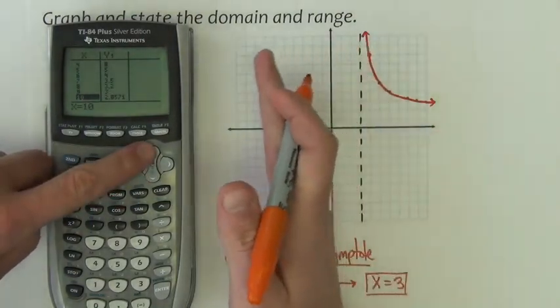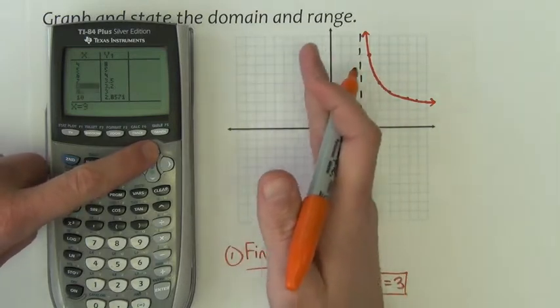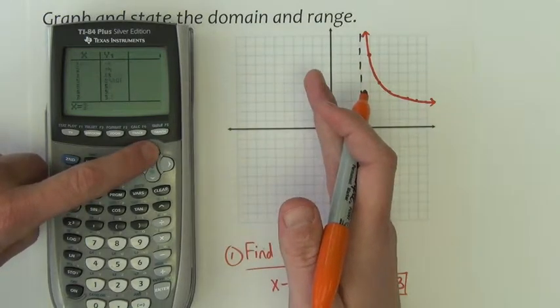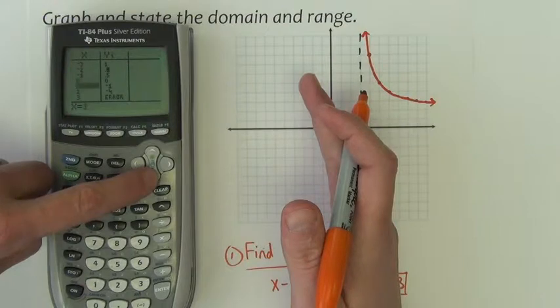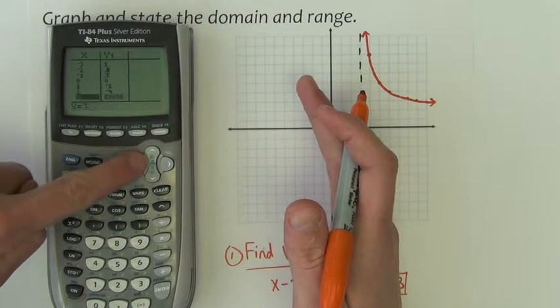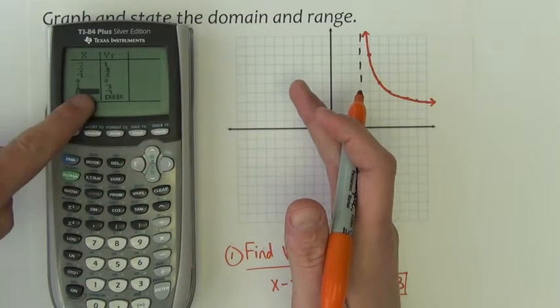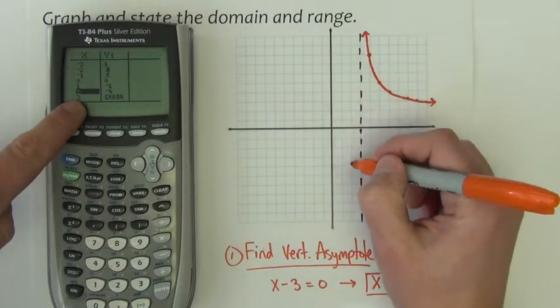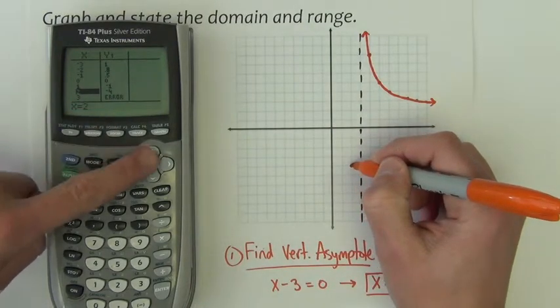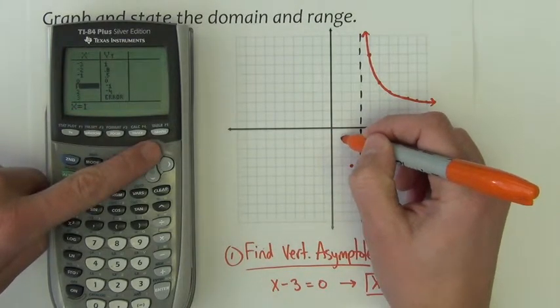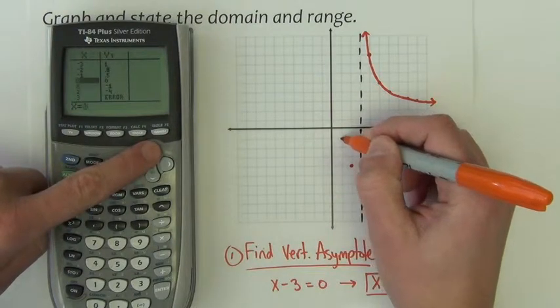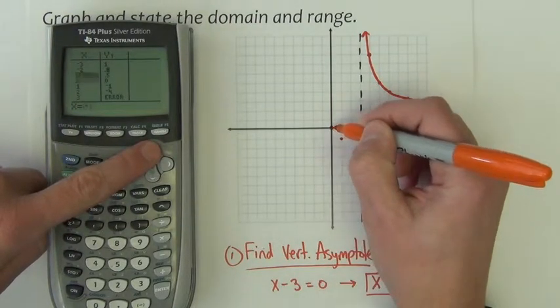Now let's see what happens with the points on the left side of that asymptote. There at the bottom, there's the error, there's the asymptote. So let's pick up right here. 2 is at negative 4. 1 is at negative 1. 0 is at 0.